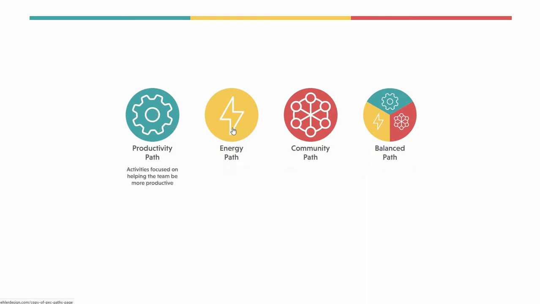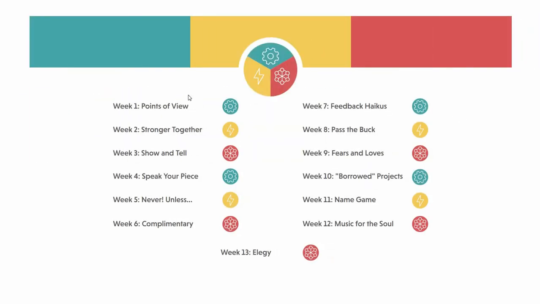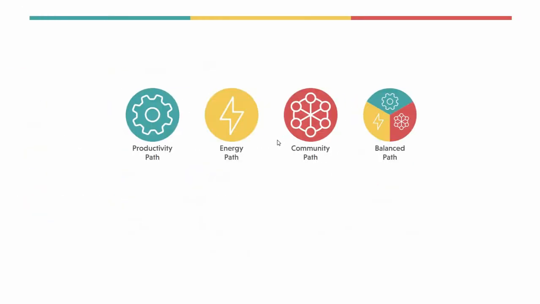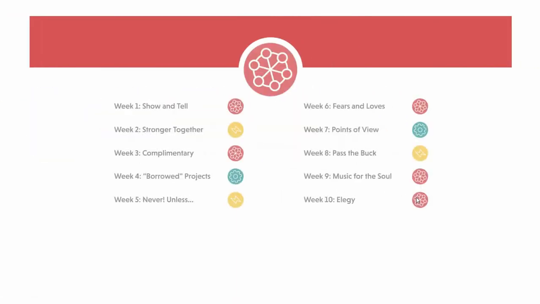So focusing on productivity, focusing on bringing more energy, helping your team grow closer, and the balanced path. The balanced path is also a great reference point for showing all the activities. There are 13 activities total. Most of the other paths, I should say, and we'll look here, will only have 10 activities.